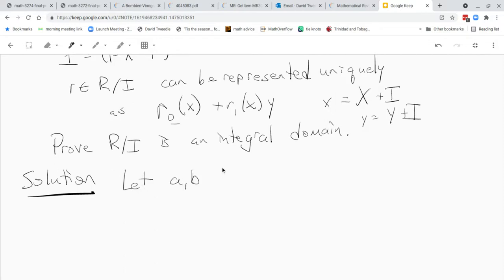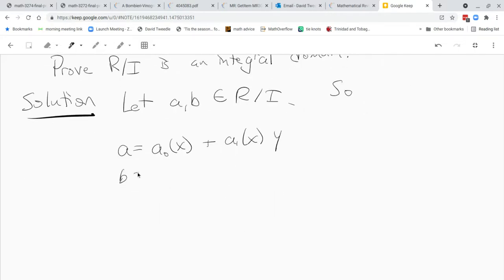So let's take A and B to be in R mod I. We can write A as A0, a polynomial in X, plus A1 times Y, and B as B0 plus B1 times Y. So let's write them like this, and assume A times B equals 0.